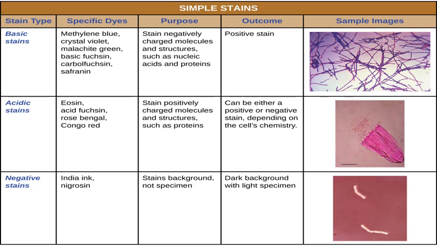That's why it is called negative staining. The outcome of this negative stain is a dark background with a light specimen. You can easily view in this picture that the organisms look transparent and the background is dark.